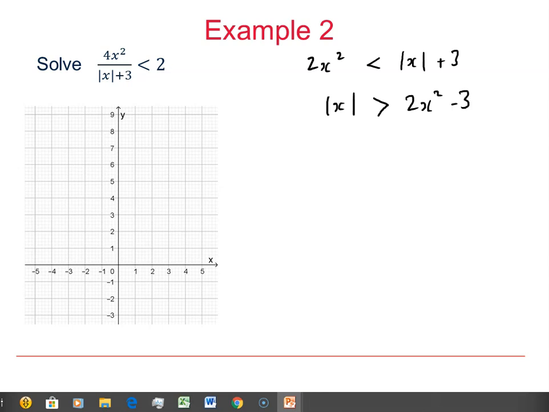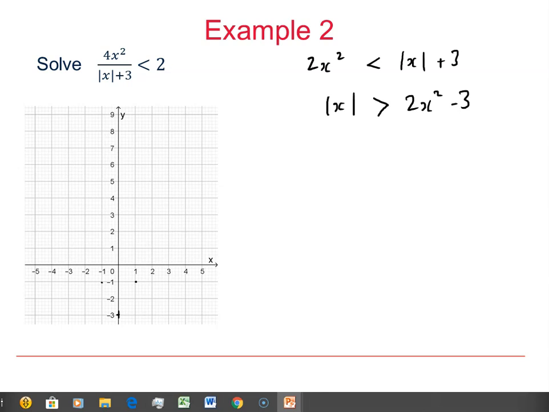A graph of 2x squared minus 3 would go through negative 3 and be a parabola. So, for example, when x is equal to 0, we've got negative 3. When x is equal to 1, it would go through 2 times 1 minus 3, which is negative 1. And so we get a graph looking something like this.